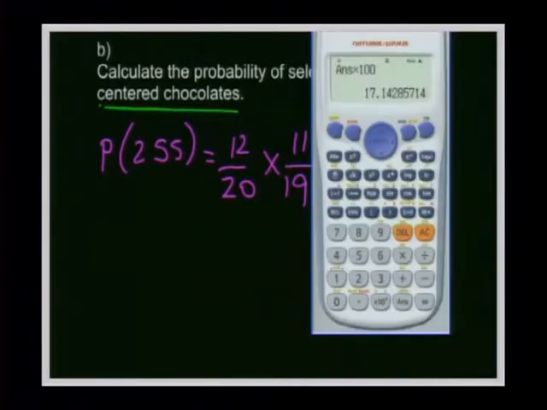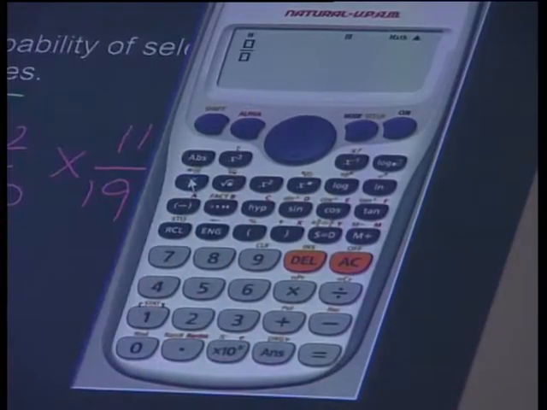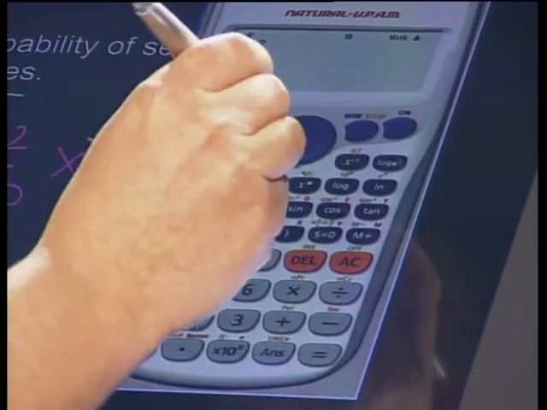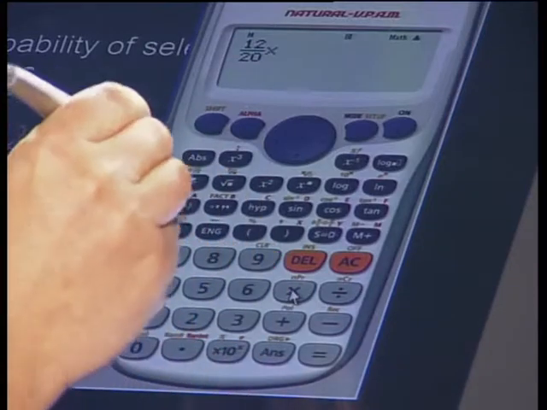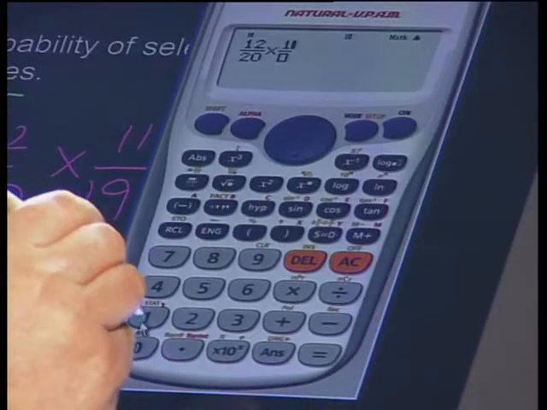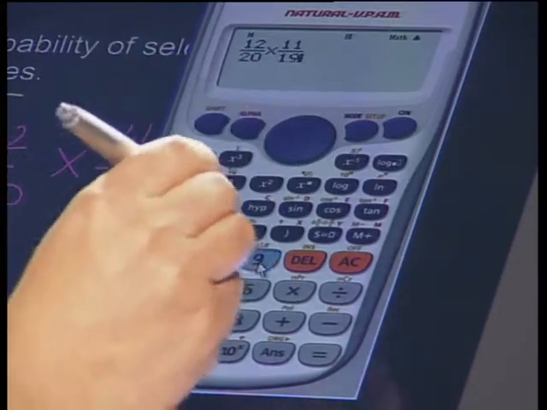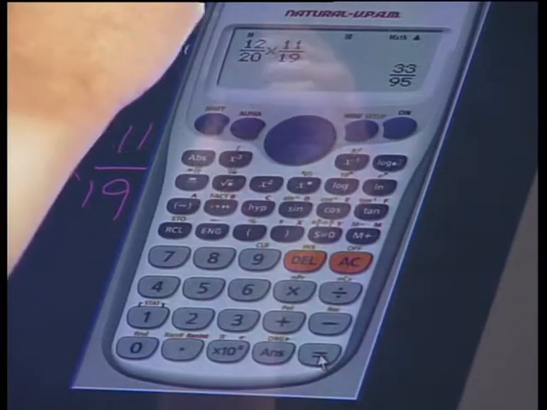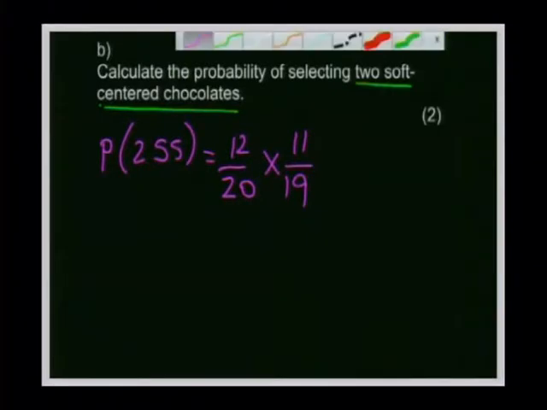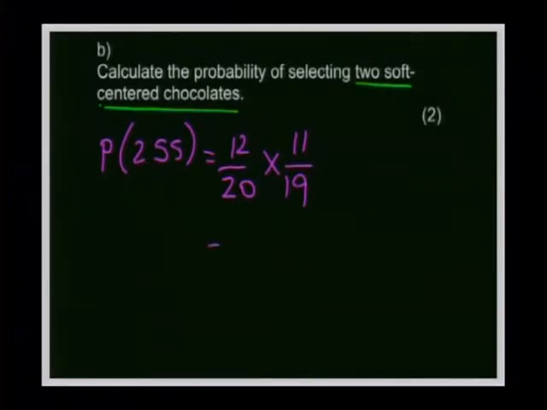So let's use our calculator. Fraction button, we've got 12 out of a total possible 20, and we've got another fraction of 11 out of 19. So our answer is 33 out of 95. Remember, your calculator is going to simplify this answer for you, and that's a perfectly acceptable answer. So 33 out of 95.